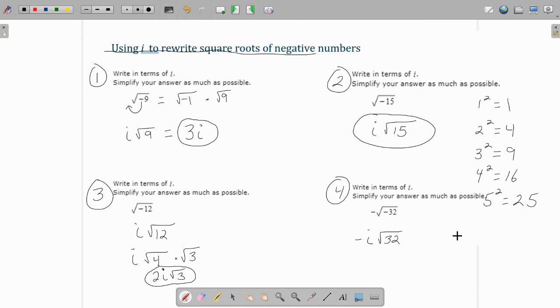It looks like it's 16. So I can break down 32 to 16 times 2. The square root of 16 is 4. So negative 4i square root 2. That's rewriting square roots of negative numbers.